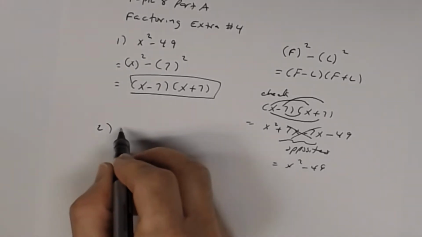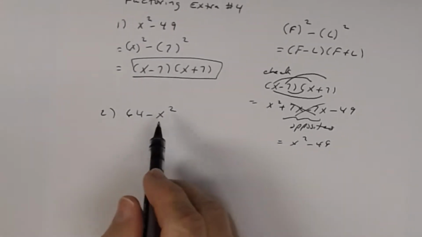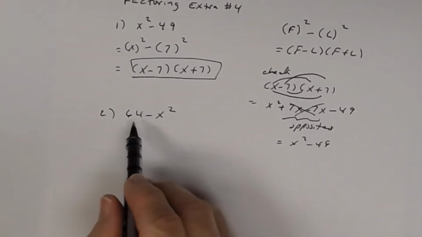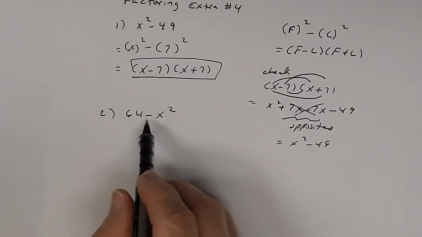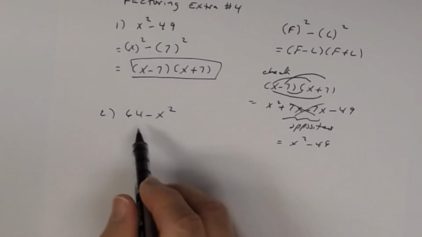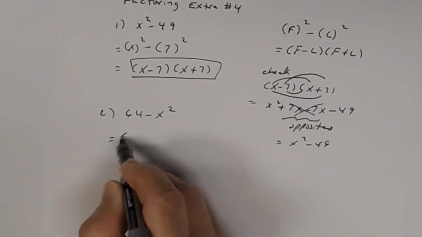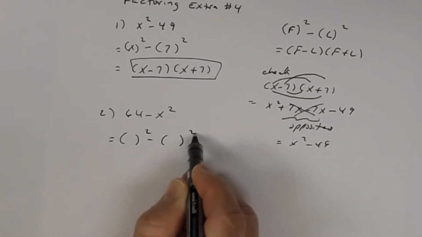All right, now number two. Number two, we have 64 minus x squared. Now, some students have a habit of wanting to put the variable first, but leave it like this, because if you put this term first, then you have a negative x squared plus 64, and that confuses students. So leave it like this. Right away, you notice that this is the difference of two squares.